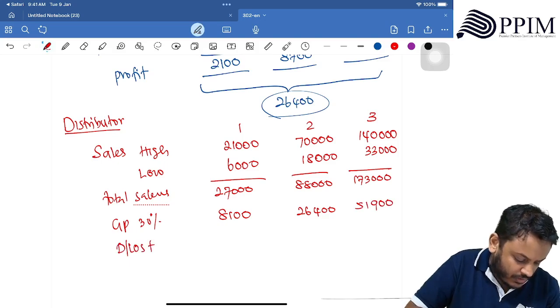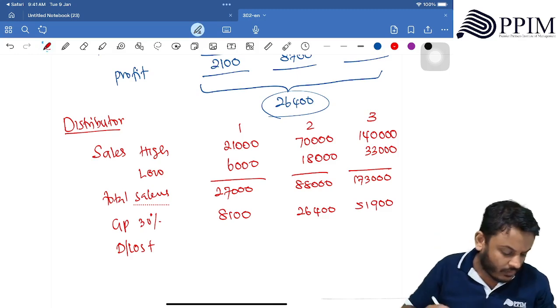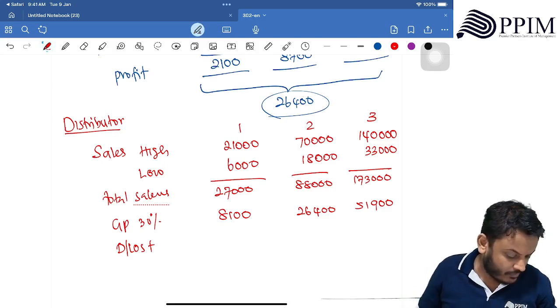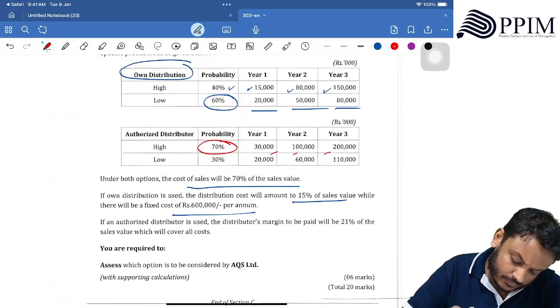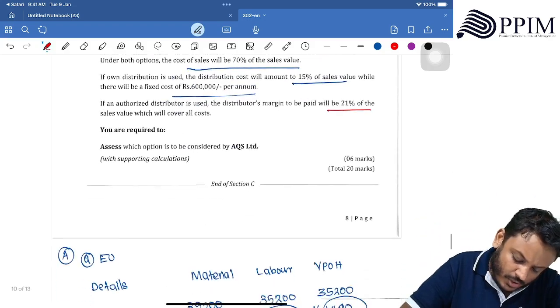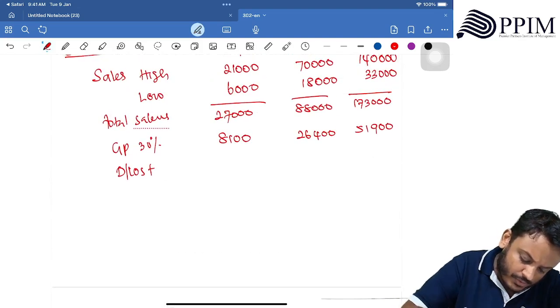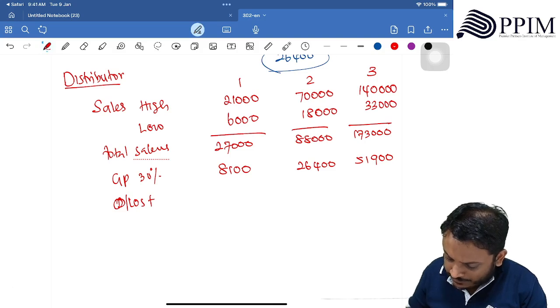Distribution cost is 15%. So here see, distribution cost changed. Own distribution versus authorized distribution: 21% of all other cost. That is not distribution cost, all cost. 21%, they said. Read the question.